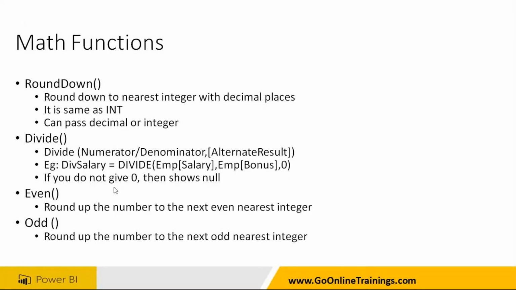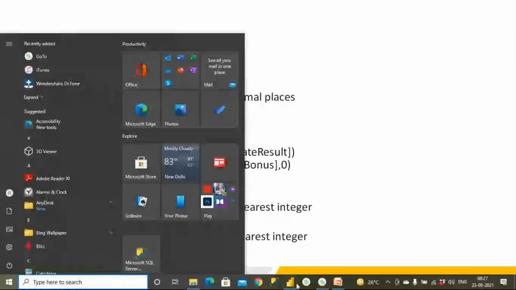So divide. If you wanted to use numerator by denominator, sometimes we may get zeros as part of the denominator. If that is the case, instead of infinity, I wanted to give 0. So for example, I wanted to get salary.